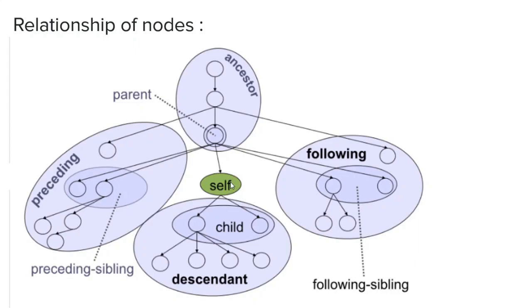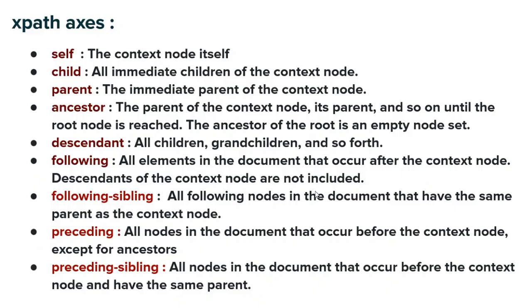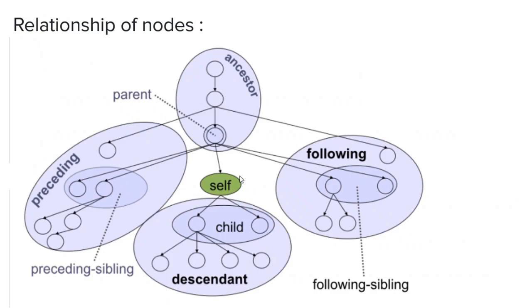The nodes which come after the context node are basically following nodes, but it does not include descendants of the context node. Excluding descendants of the context node, whatever nodes are coming after the self node or context node come under following nodes.